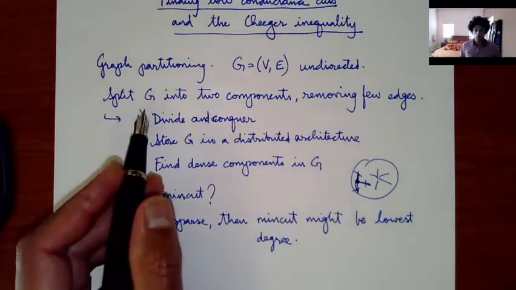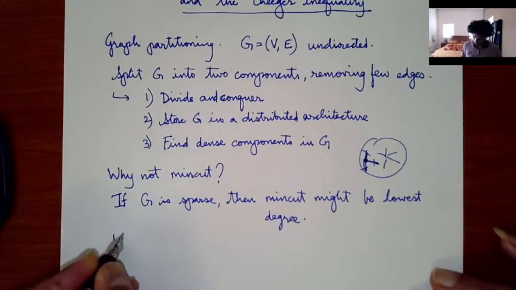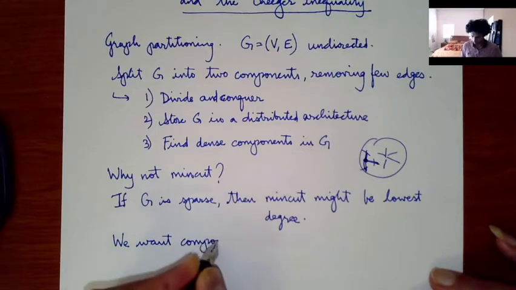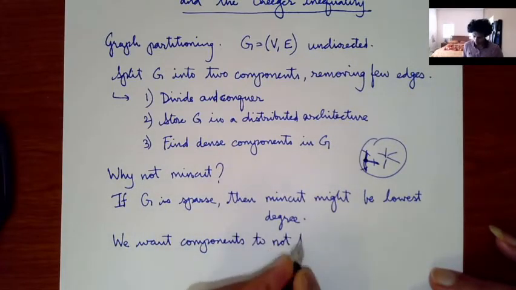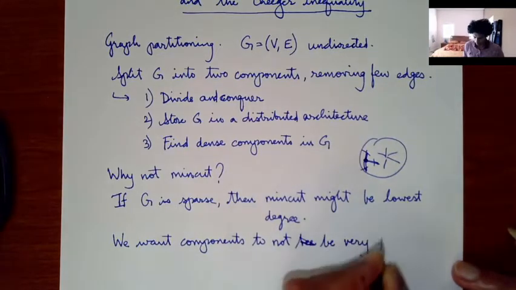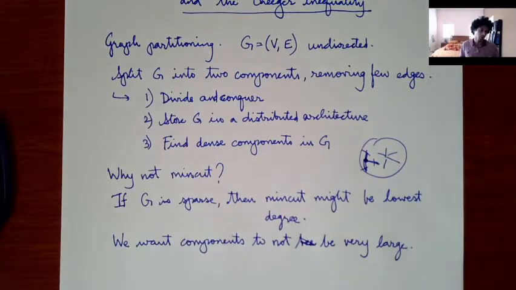The problem is you want to split into components of comparable size. We want the components to not be very large. The whole point of divide and conquer is to break it up into 2 maybe equal or at least somewhat balanced portions.